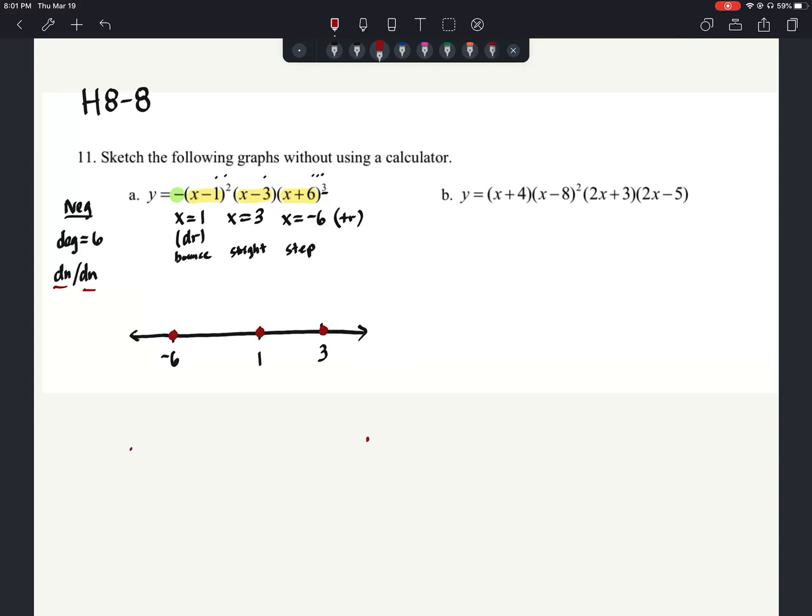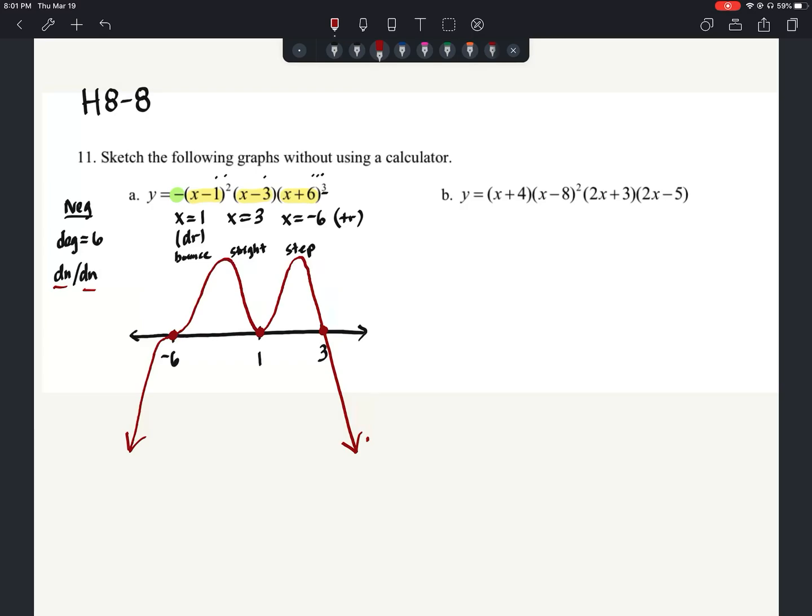At negative 6, it's supposed to make a step, so we come up right in front of negative 6, flatten out for a moment, then go back up. At 1, it's supposed to bounce, so we come down and bounce at positive 1, come back up. And then at positive 3, we should be going straight through and finishing down below.